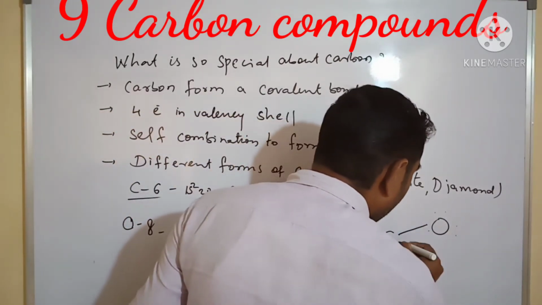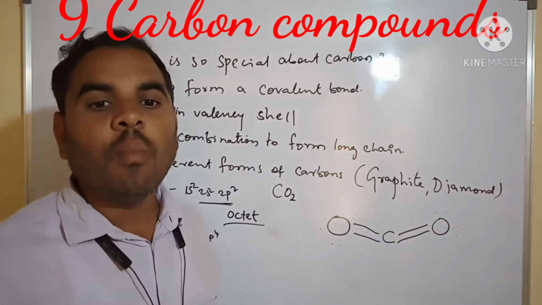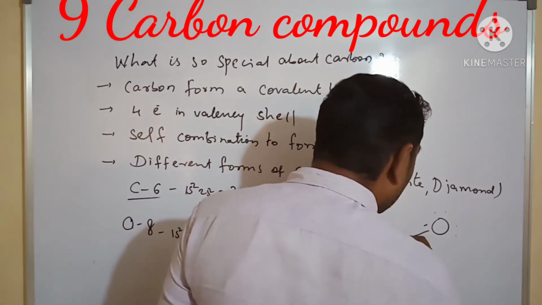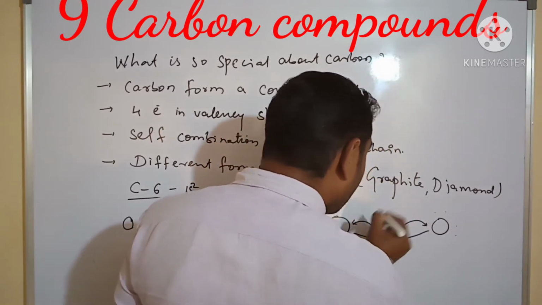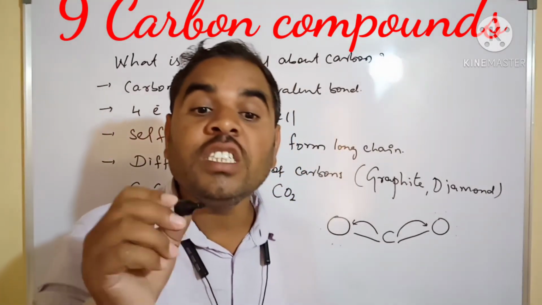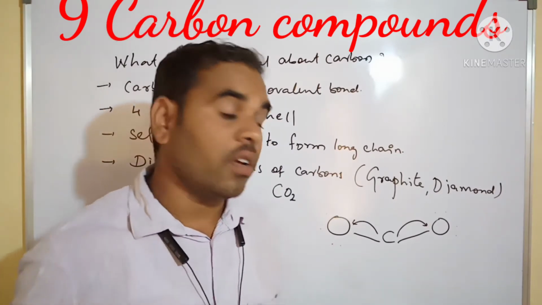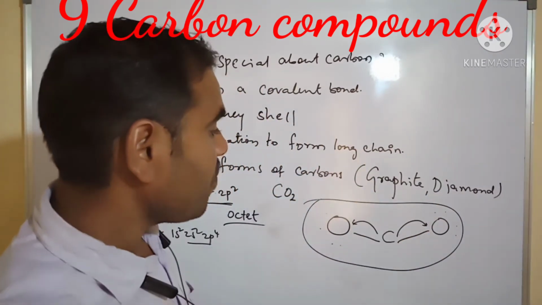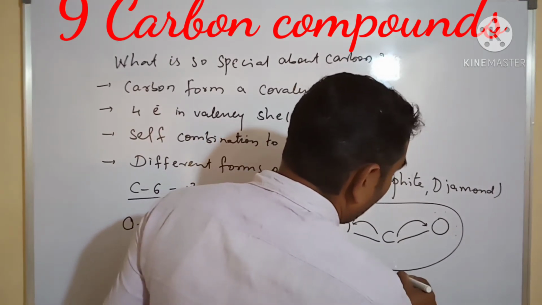There is no giving and losing, just sharing of electrons. Both share electrons and feel stable, so they form a covalent bond between carbon and oxygen.